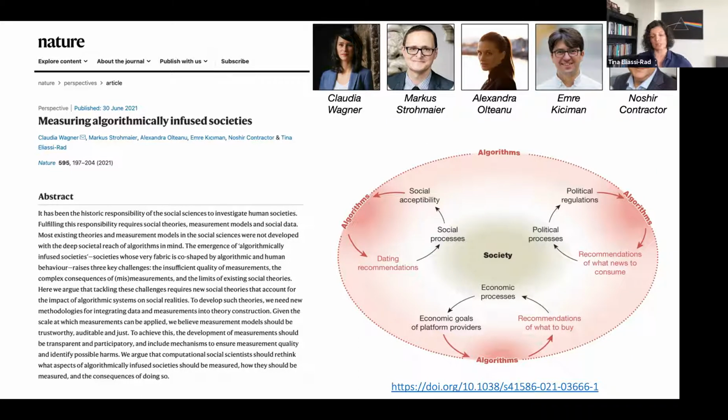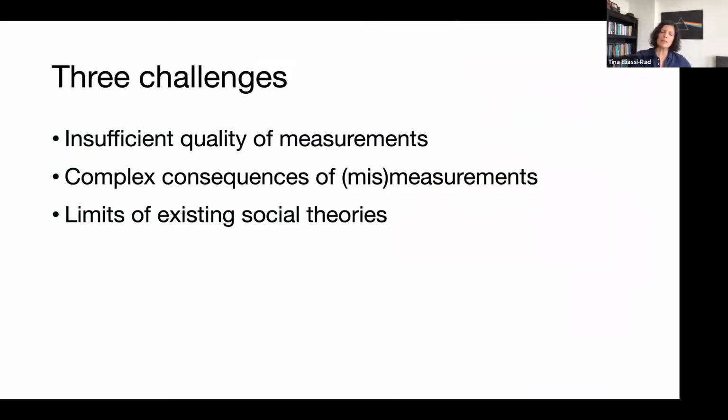And so there's all these feedback loops in every aspect of our society, from who you date, to what you buy, to recommendation systems, to science, etc. And so we identified 3 challenges. One is the insufficient quality of measurements. The other one is complex consequences of mismeasurements. And lastly, limits of existing social theories.